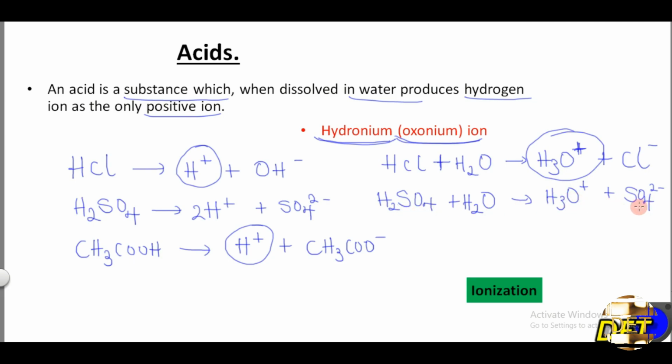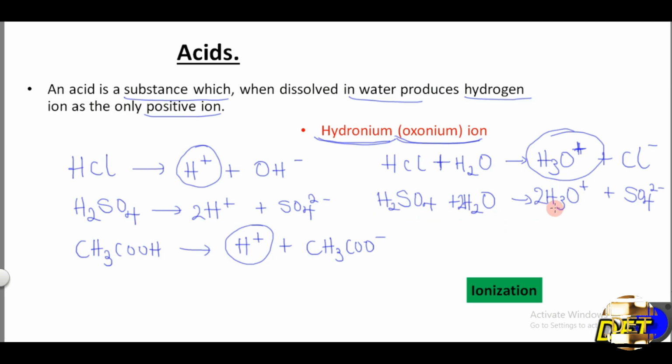So is this equation balanced? I have two hydrogen here and two hydrogen here, making it 4 hydrogen. And I have 3 hydrogen here. What am I going to do? Let me put 2 here. So I have 2 times 3 hydrogen, which is 6 hydrogen on this side. On the other side, if I put 2 here, I will have 4 hydrogen here and 2 hydrogen here, making it 6 hydrogen.